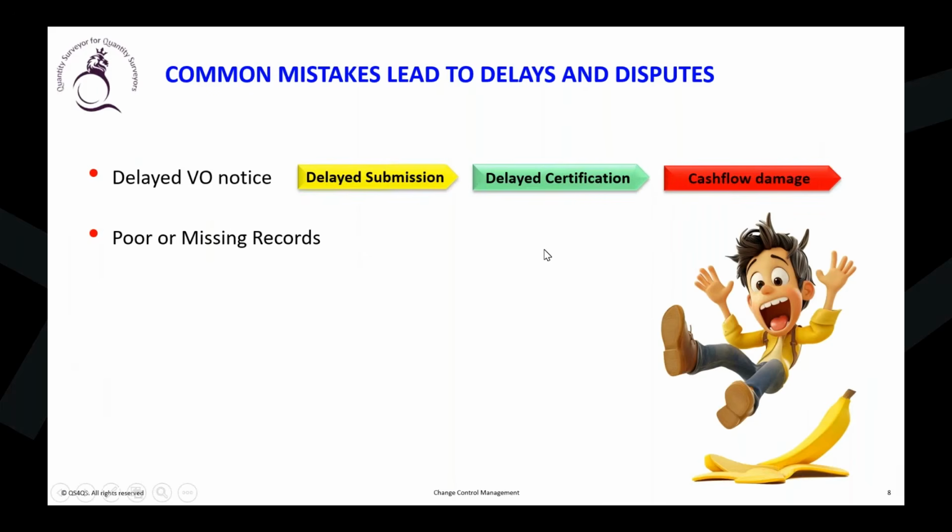So therefore, the one formula I want to introduce to you, keep in mind, whether you are a claim practitioner or an ordinary quantity surveyor: no records, no payment. You can sit upside down, you can go to litigation, nobody will pay you if you don't have the records. If you want to succeed with your interim payment applications, you need the records. If you want to succeed with your payments for the variation, you need the records.